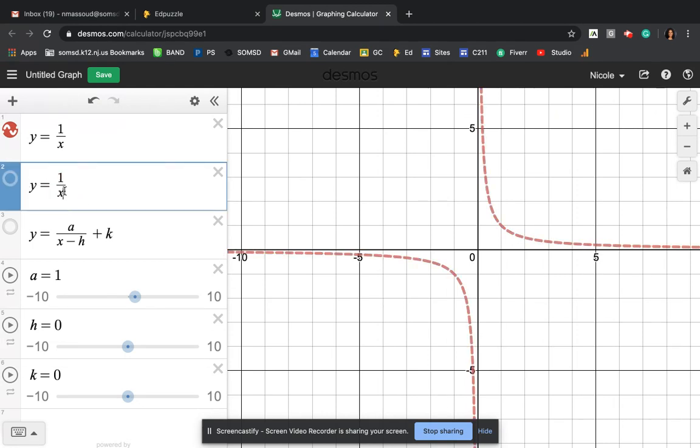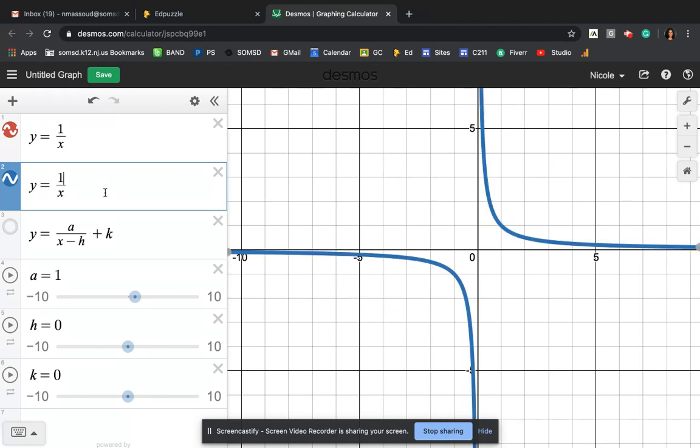Okay, so then the question is, what happens when I put a 2 up here? So instead of a 1, I put a 2, or a 3, or a 4, or a 5, or a 6, or a 10, right? So from 1 to 10, what happened?